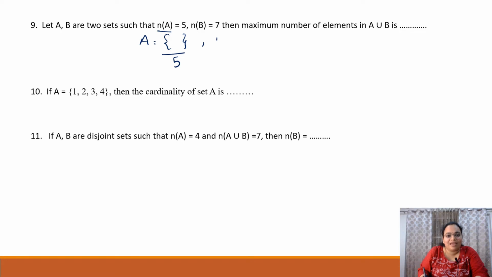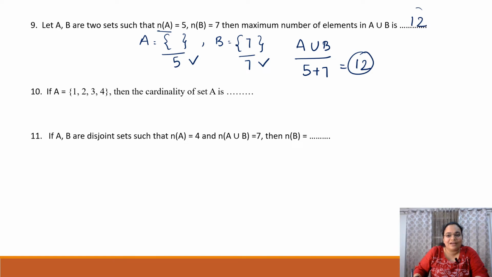In the same way, set B has 7 elements in it. If you want to take A union B, you will consider all the elements from set A and set B, right? So that is 5 plus 7, which is 12. So 12 is your answer.